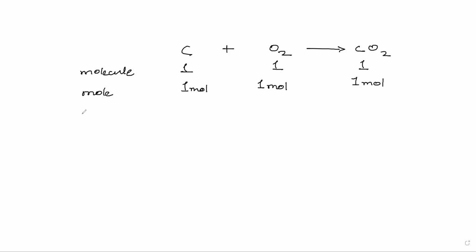Now, from moles, we can extract the mass picture. What is the mass of 1 mole of carbon? 1 mole is 12 grams, right? What is the mass of 1 mole of O2?